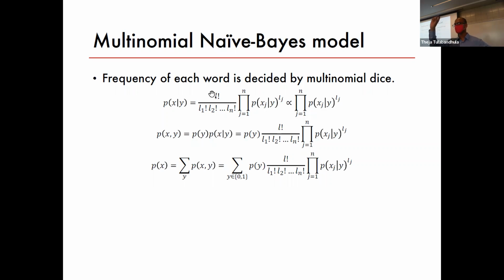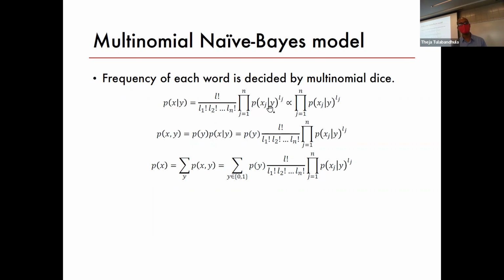So the x vector has 10, 7, and 3 in my running example. The sum of all that is 20, which would be the numerator here, and then L1 factorial will be 10 factorial, L2 factorial will be 7 factorial, and so on. And it's just saying that for those 3 words, it's the probability of that word to the power of how many times it appeared. It's a little bit different expression than before.